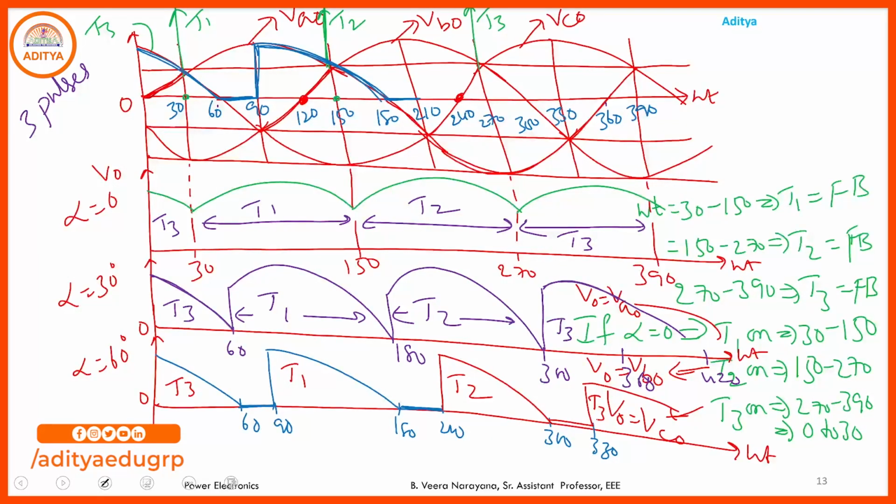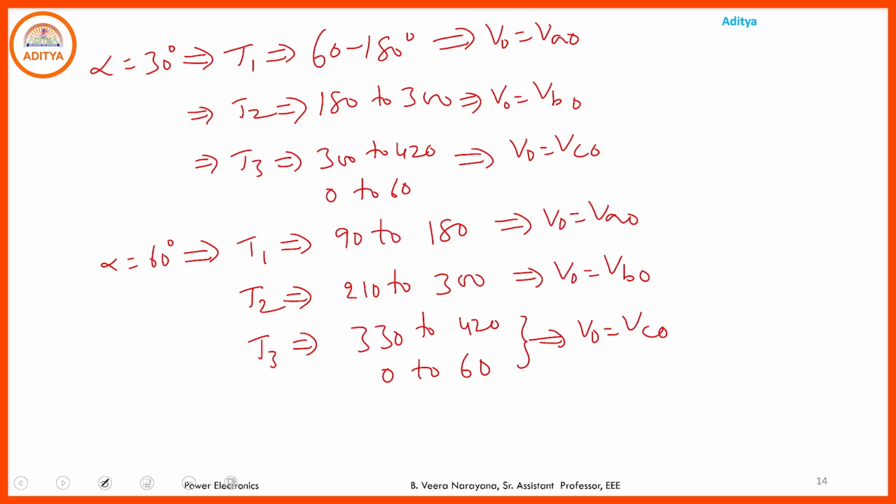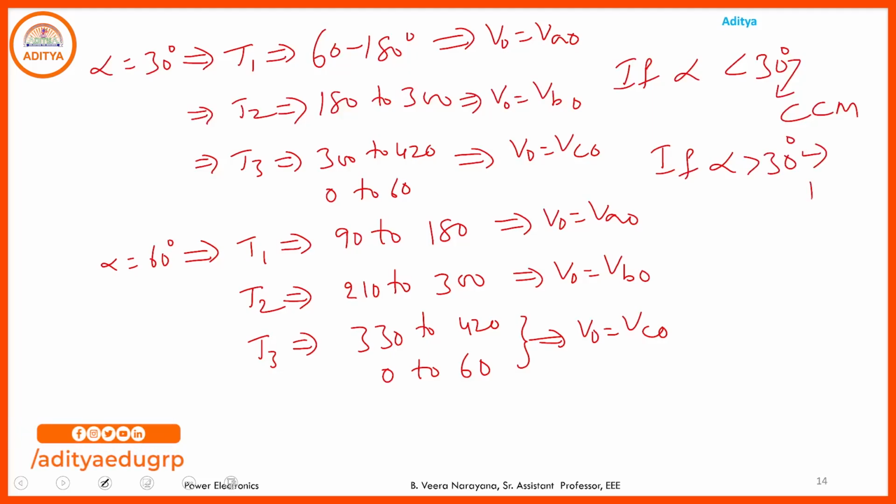So what you will observe here from this three-phase half-wave converter with R load: if alpha is less than 30 degrees, we are getting the continuous conduction mode, and if alpha is greater than 30 degrees, then we are getting the discontinuous conduction mode.